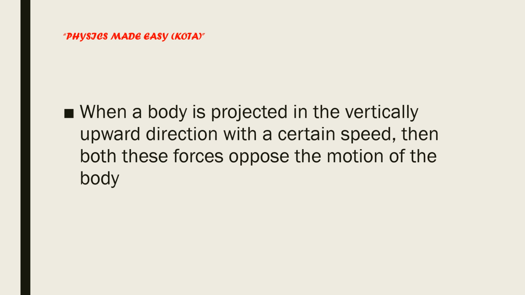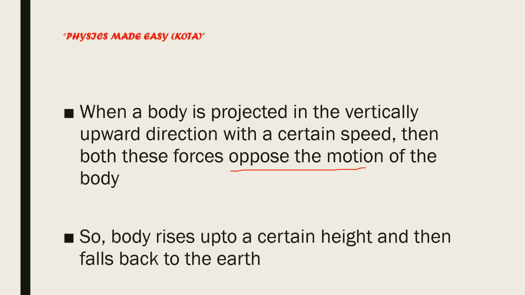Therefore, whenever a body is projected in the vertically upward direction with a certain speed, the body comes under the action of both these forces, and these forces oppose the motion of the body. So we can say that gravitational pull of Earth and resistance due to the air oppose the motion of the body.